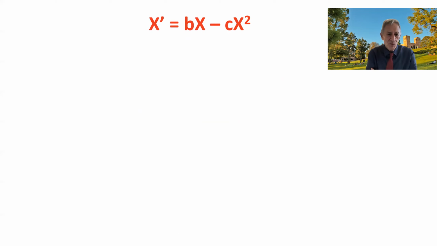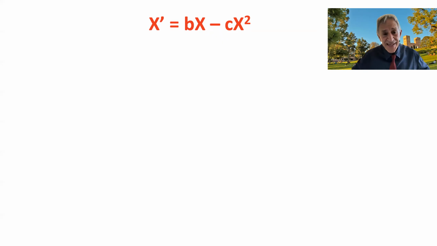Let's ask a question. What behavior follows from this model? Well, you can sort of begin to stare at it and get some idea. Remember that we have a growth term, a positive term, that is linear in x, bx, but we have a limitation term that goes as x squared.